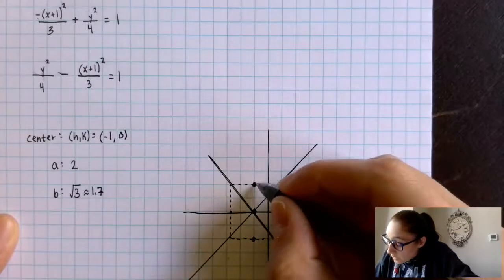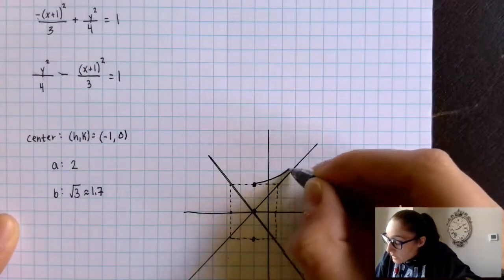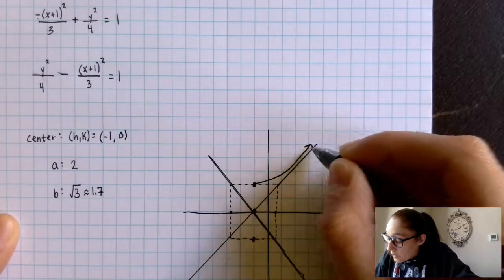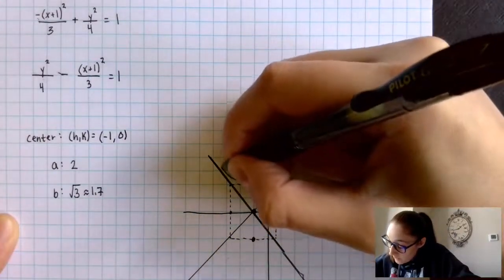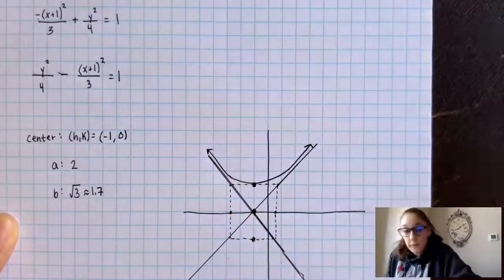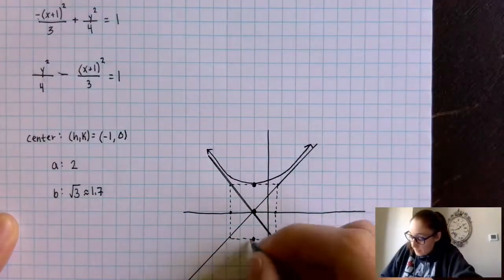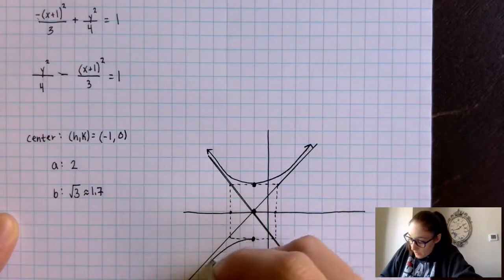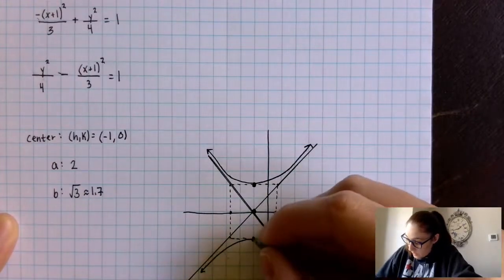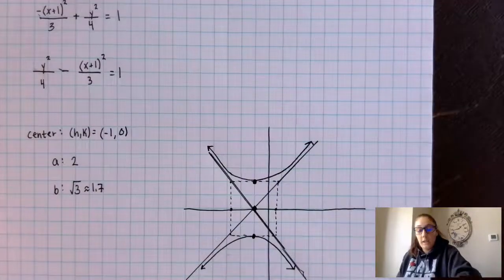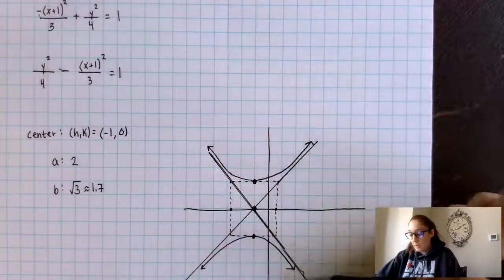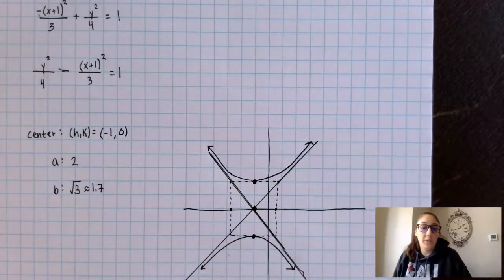So we should do something like this, but don't touch them because they're technically asymptotes. And then the same thing down here. Make them wide, but don't touch those asymptotes. Then just the branches would be the final answer for your hyperbola.